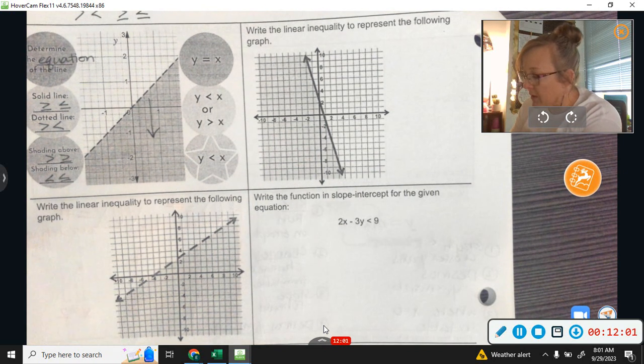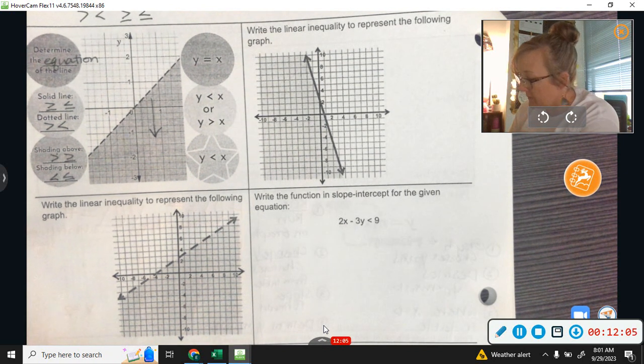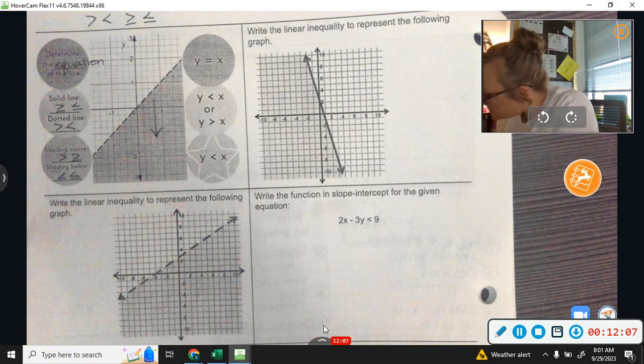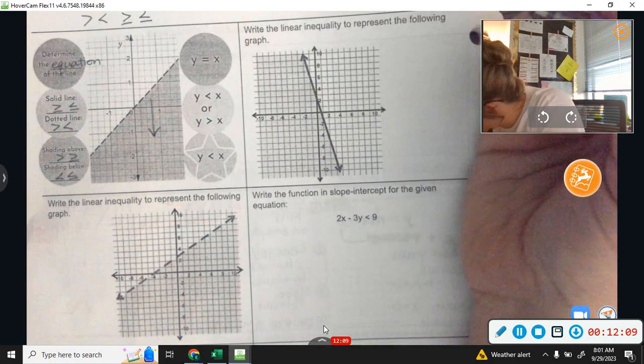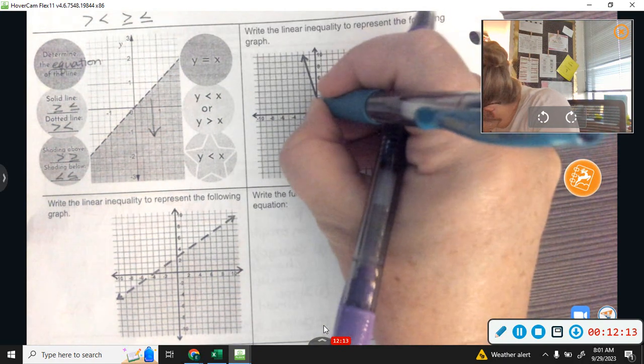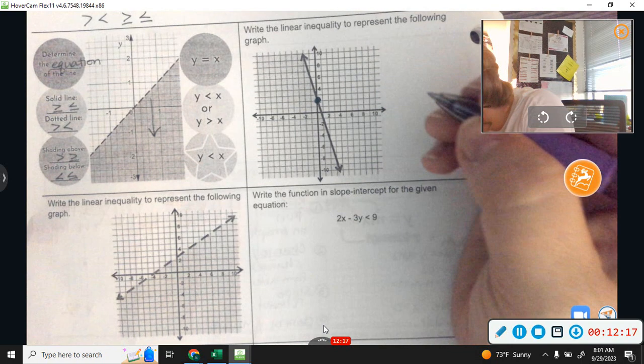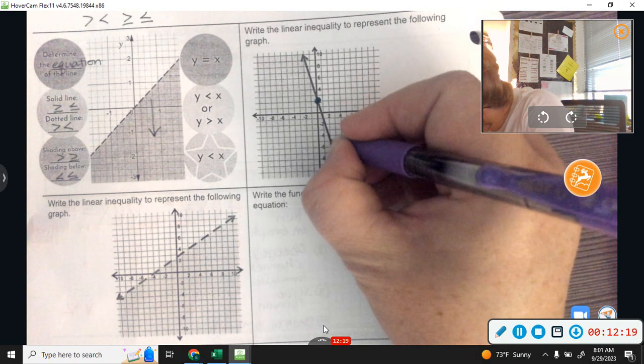But we have to write our equation first, so I'm going to look at the y-intercept and the slope. I just need 2 points. As you can see the slope. I've got the y-intercept there, and then I need one other point. Let's go with this one.